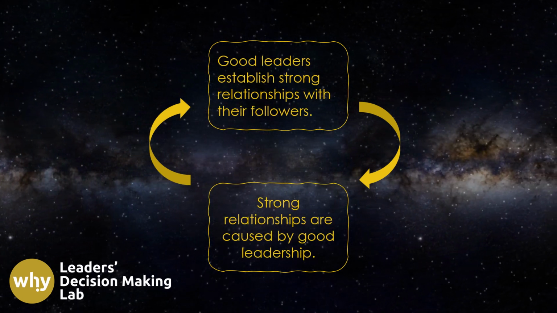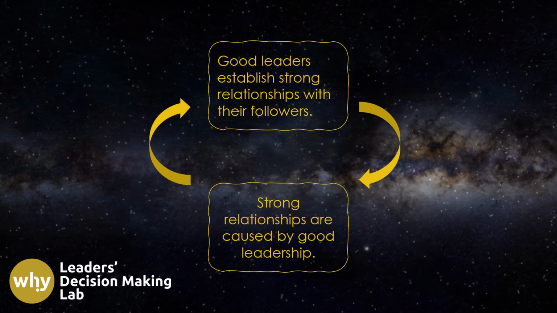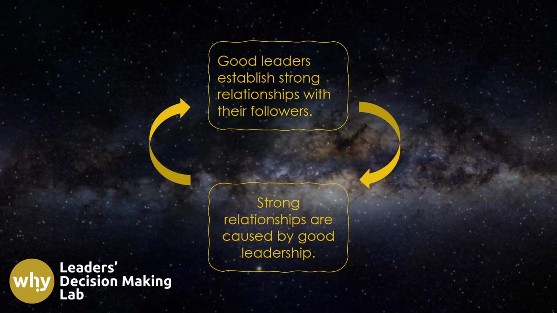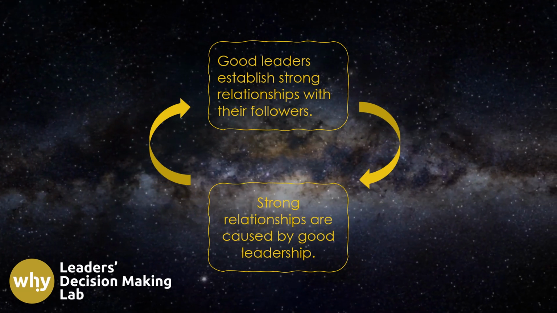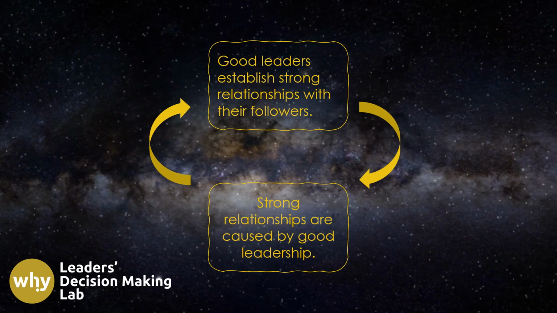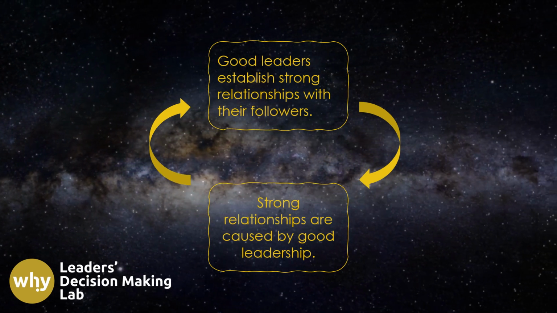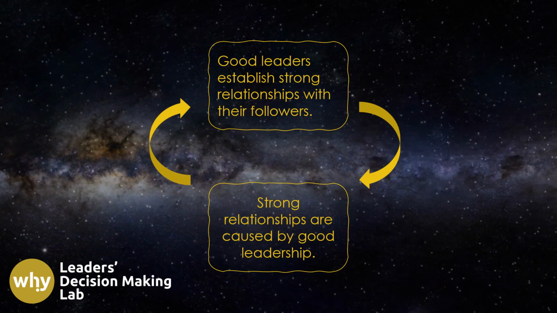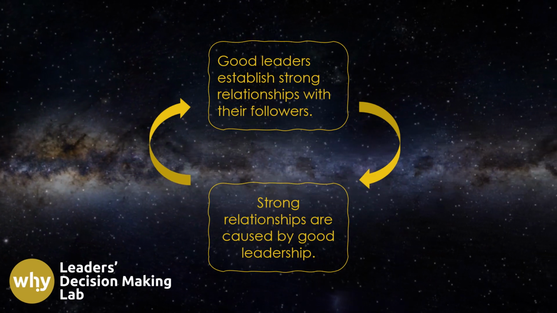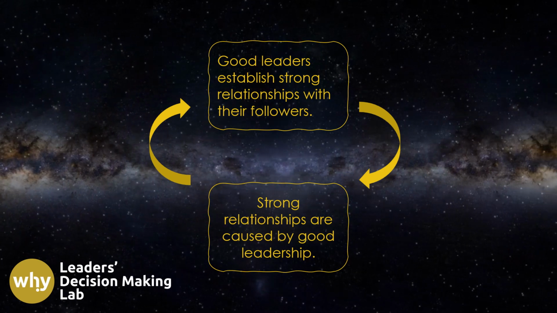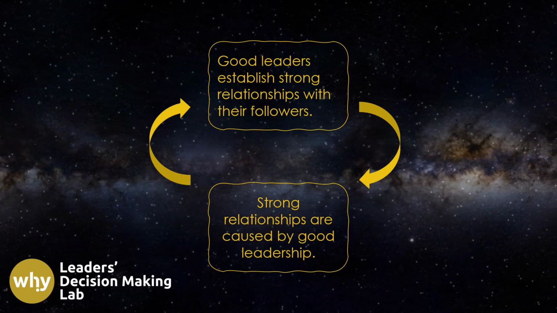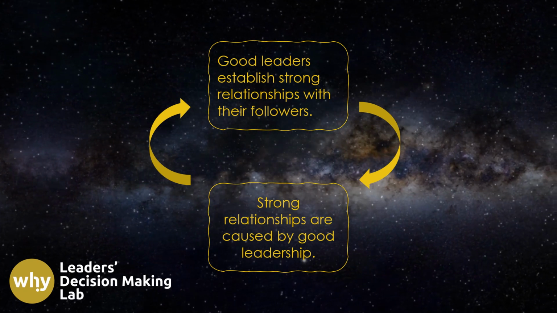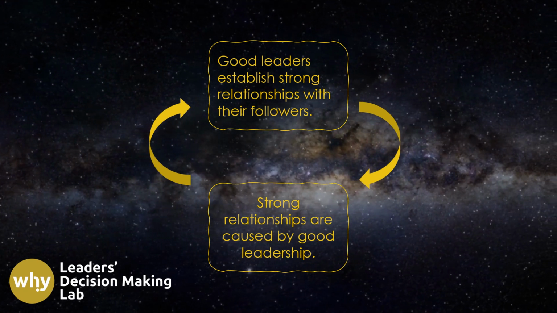In the context of leader-member exchange, this can be observed in the way it defines good leadership as having good relationships, then suggests that good relationships are caused by good leadership, without offering a clear explanation for how these good relationships are achieved. An example illustrating this circular argument could be: good leaders establish strong relationships with their followers.